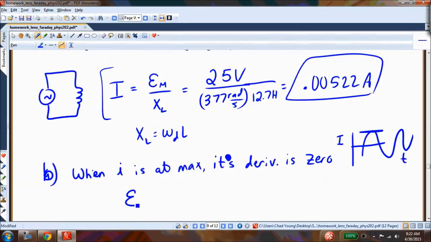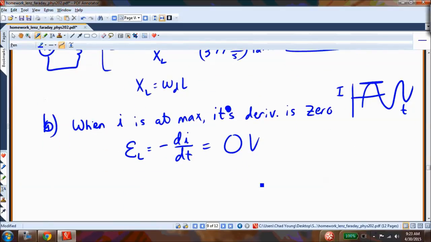That's important because the EMF of the inductor is equal to L di dt. And so if the derivative of the current function is 0, that means there's no EMF of the inductor. So that means that EL is equal to 0 volts. Now, however, EL and the EMF are 90 degrees out of phase.